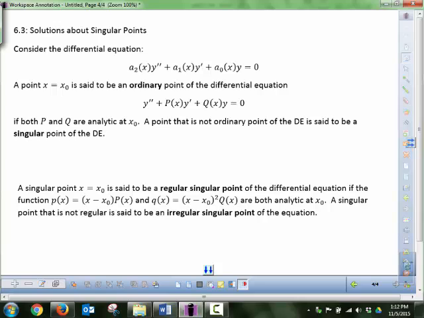And then q also is divided by x minus x naught squared, and then that becomes analytic. Then we have what's called a regular singular point. And if you have a regular singular point, then we can work with that.